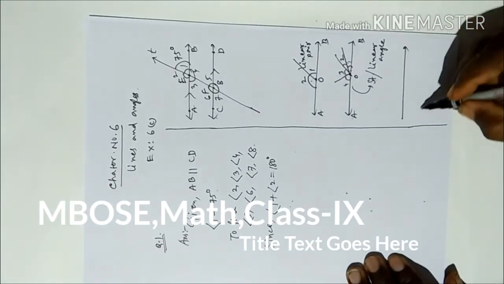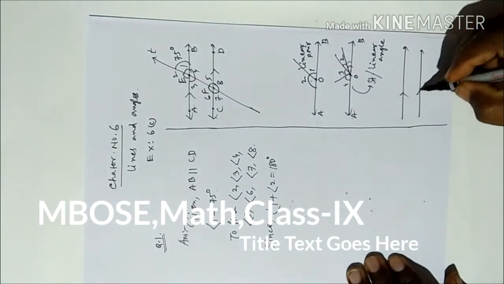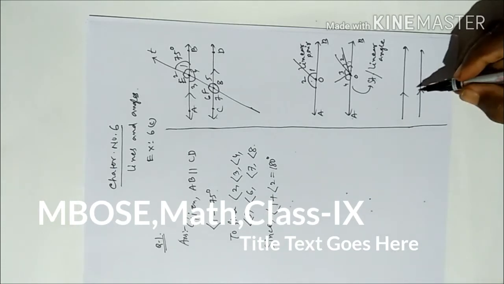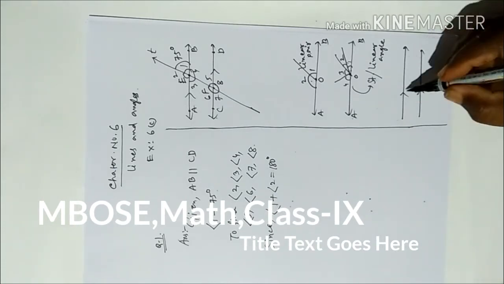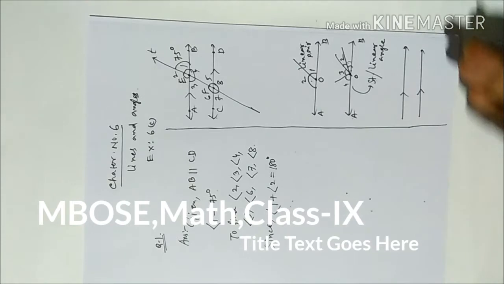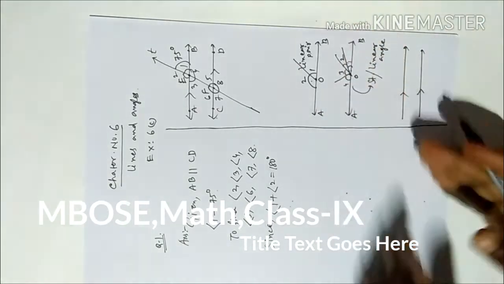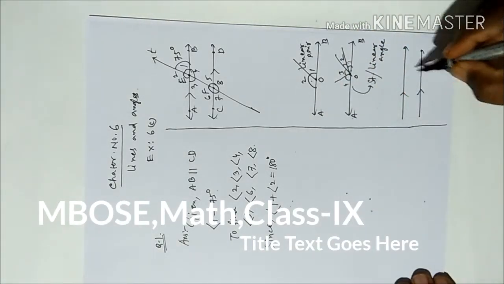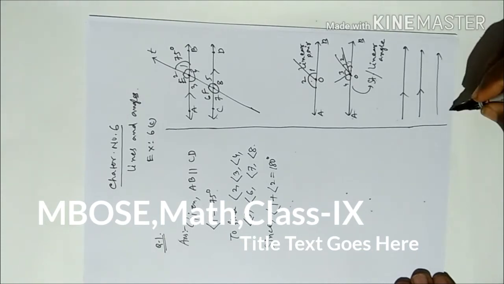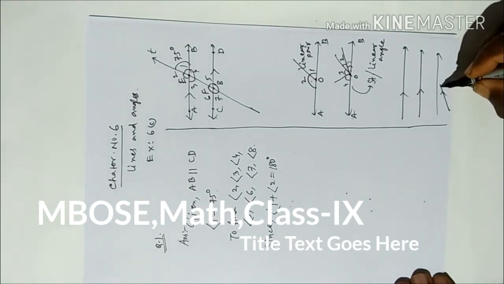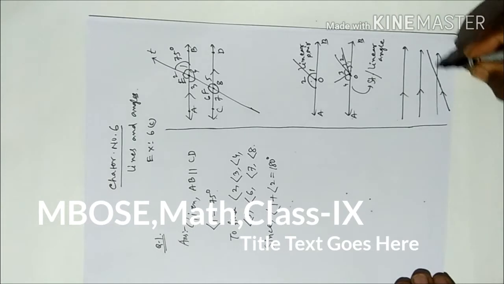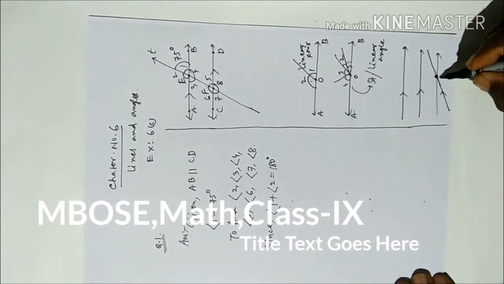Suppose I draw these two lines, they are said to be parallel. Why? Because these two lines never intersect each other. They will go in their own direction. If I draw a line like this, it will intersect here, so I mean these two lines will not intersect.